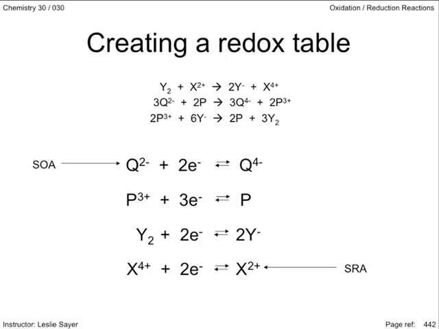It would be incorrect to write any polyatomic elements as just individual atoms. All the other coefficients in the equation don't transfer to the reduction half reactions. They were put in the equations to balance the electrons so that the number of electrons lost by the reducing agent equals the number of electrons gained by the oxidizing agent.